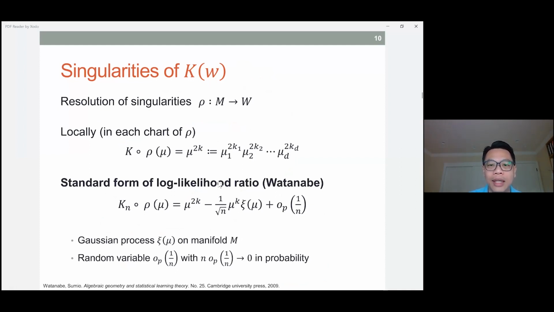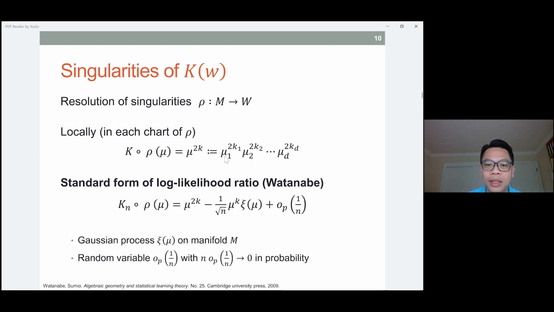And let's see what happens to maximum likelihood under this map. We have this resolution of singularities from manifold M into our parameter space W. After applying this desingularization to the relative information K, I'm going to get a monomial locally in each of the charts that looks like mu to the power of 2k.